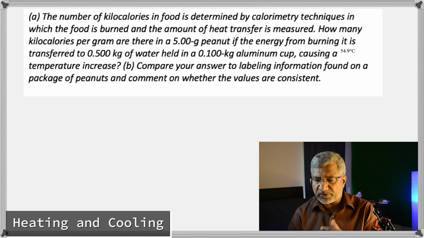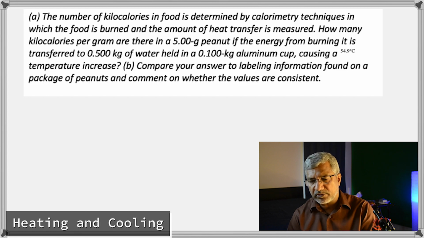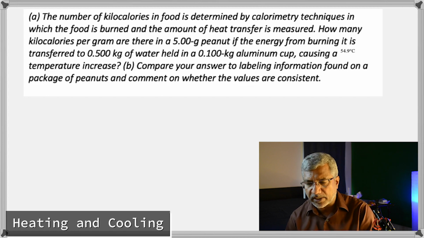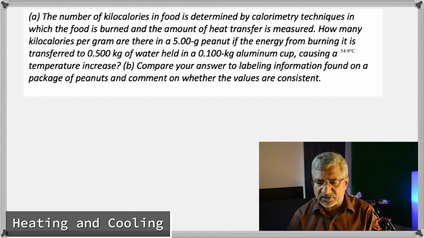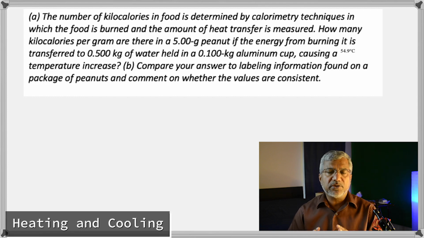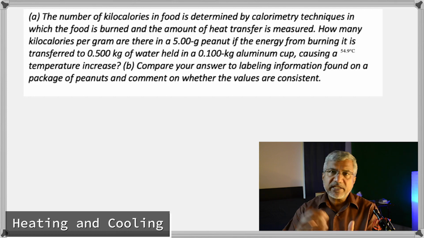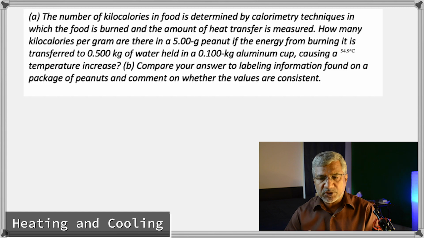If the energy from burning it is transferred to 0.5 kilogram of water held in a 0.1 kilogram aluminum cup, causing a 54.9 degrees Celsius temperature increase. What's going on? The energy that you get by burning 5 grams of peanut is transferred into 0.5 kilogram of water, which is in an aluminum container.